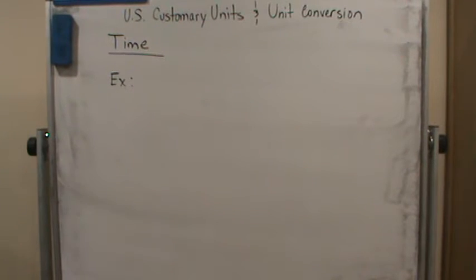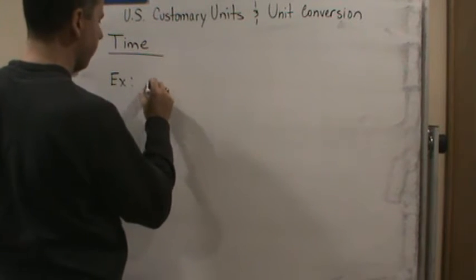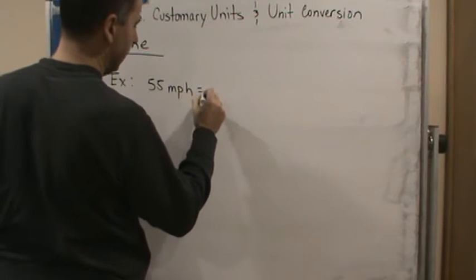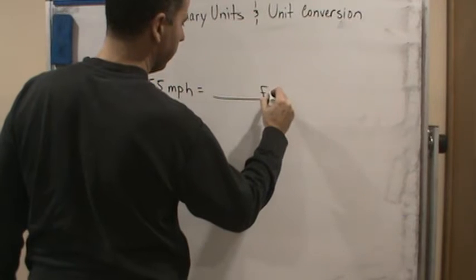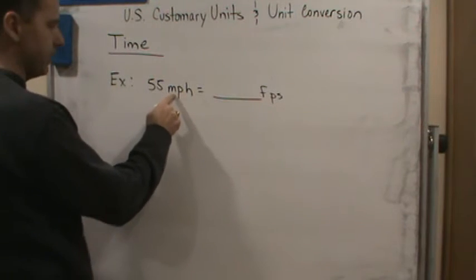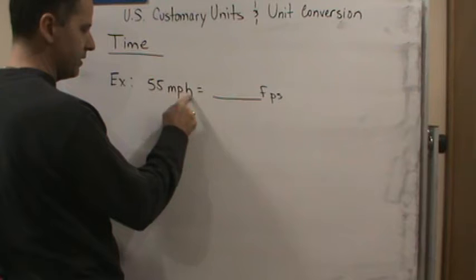Now let's say we want to convert 55 miles per hour to feet per second. So again, we're going to set it up. Now remember, this is miles per hour, so this is division, right?